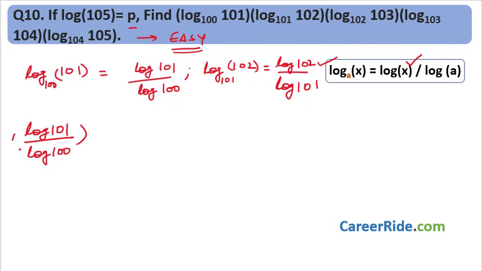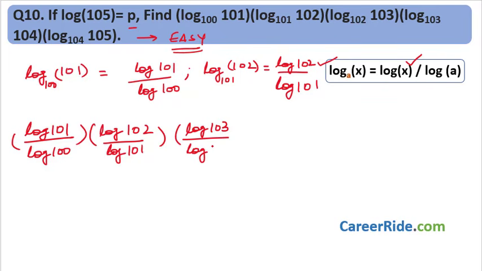Multiplied by, what am I given? The next term is log 102 to the base 101, which is log 102 upon log 101. Let's keep going on now. Log 103 to the base 102 can be written like this. Now go on to the next.